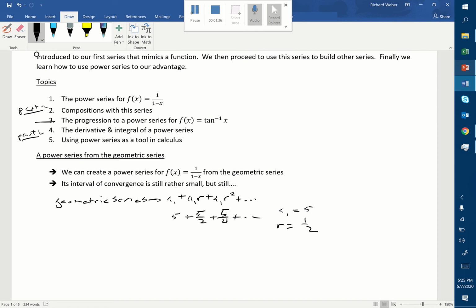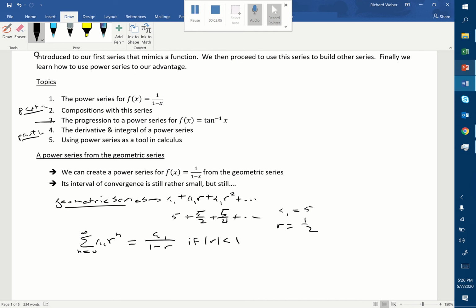And we have some experience with that, right? We also know that the series, we'll write it in sigma notation, 0 to infinity, a sub 1 r to the n, converges to a1 over 1 minus r if the multiplier is less than 1 in magnitude.